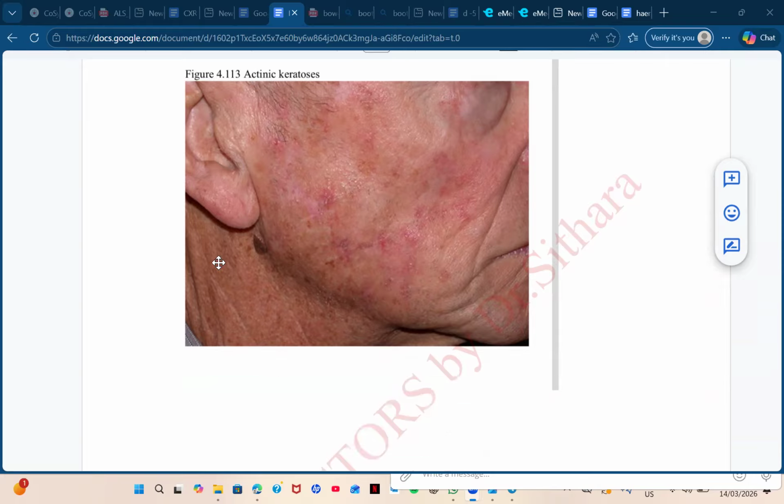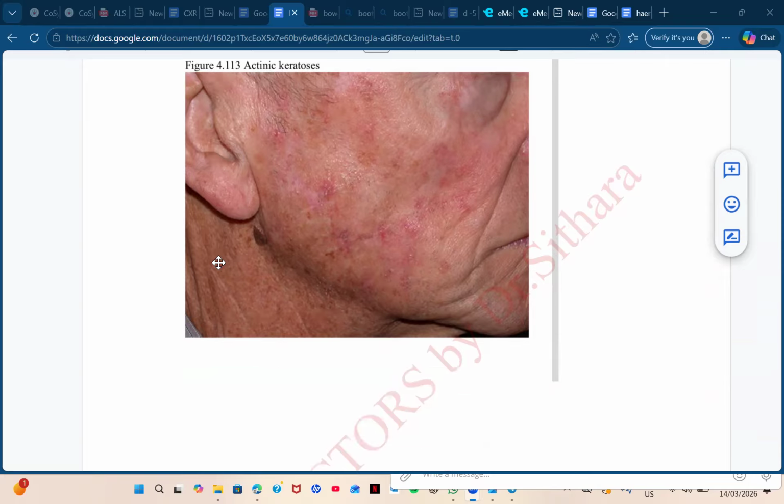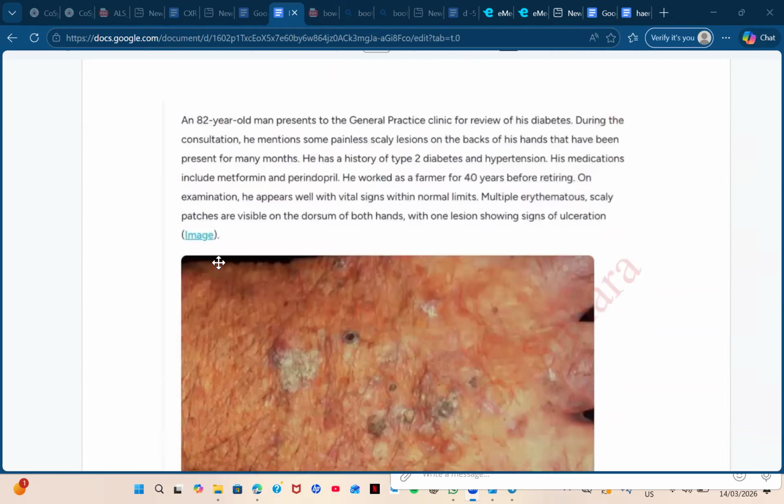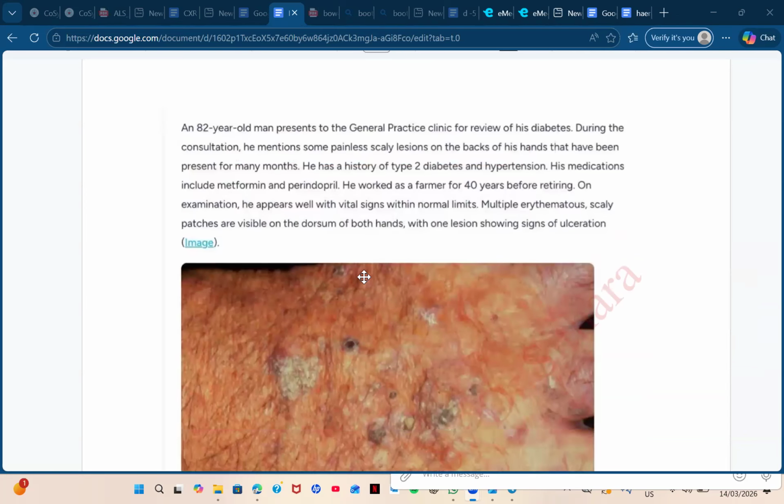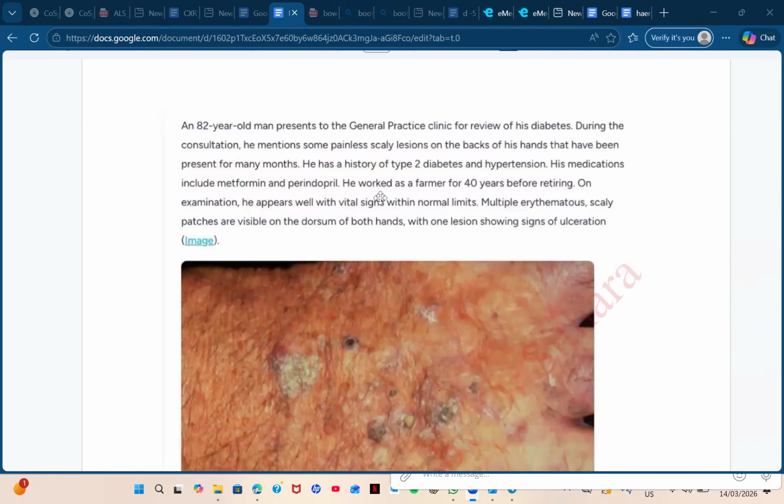Okay, we'll do some questions. Don't worry. We'll do this question, then you will identify how it appears in the exam. An 82-year-old man presented to the GP clinic for review of his diabetes. During the consultation, he mentioned some painless scaly lesions on the back of his hand that have been present for many months.